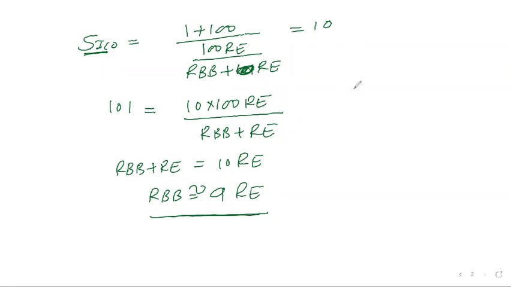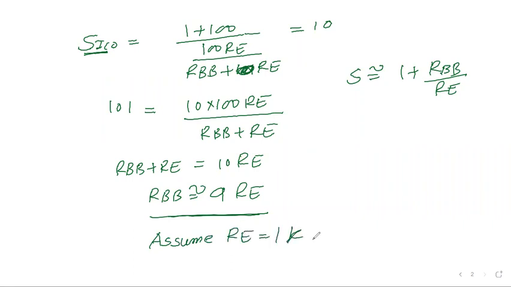Actually, this entire expression I can approximately write like this: 1 plus RB divided by RE. And the same thing we have got. So let us assume RE is equal to, I told you that you have to assume something, 1K.